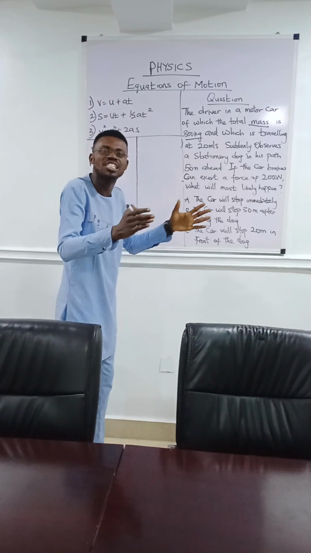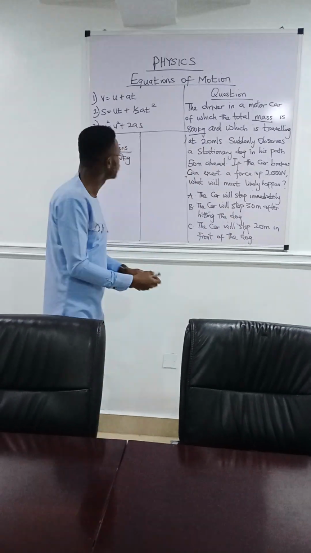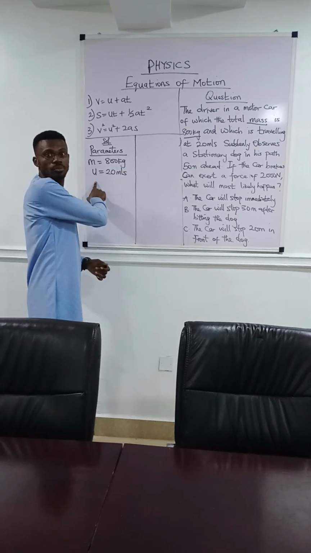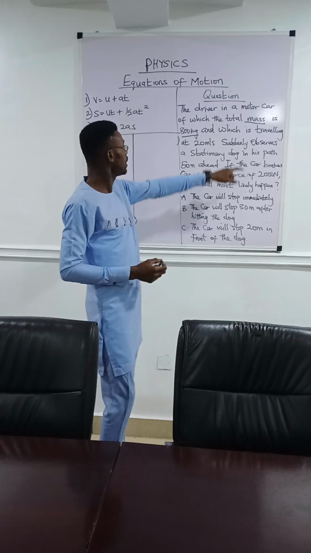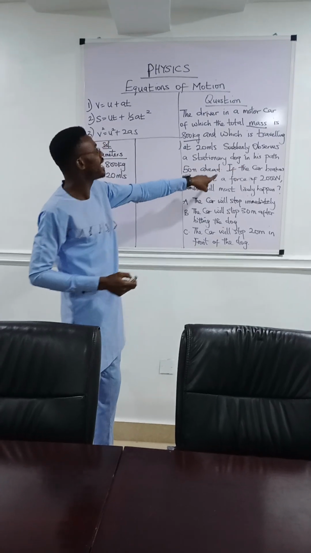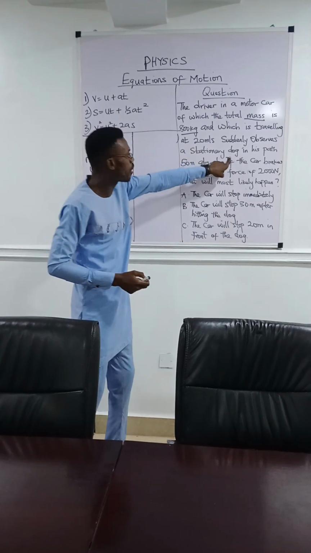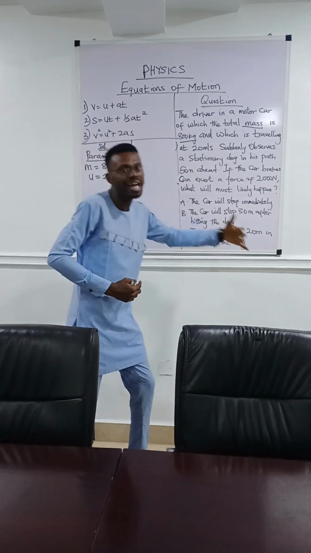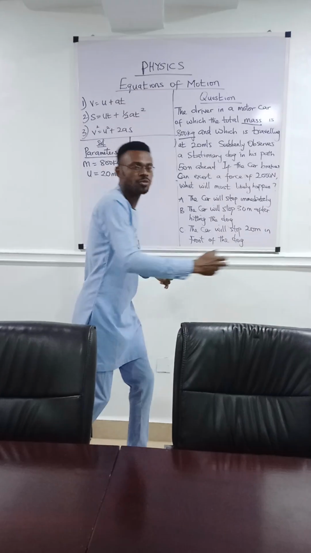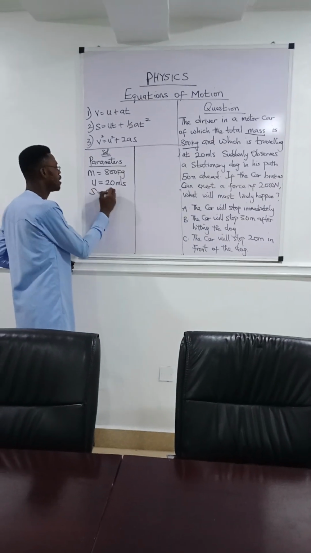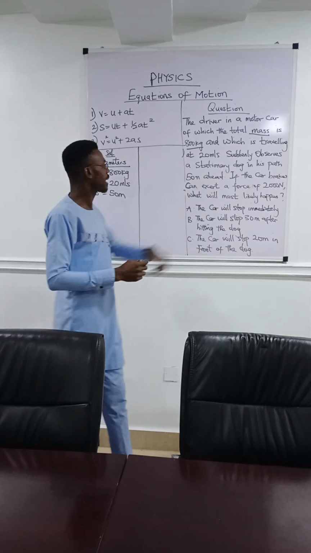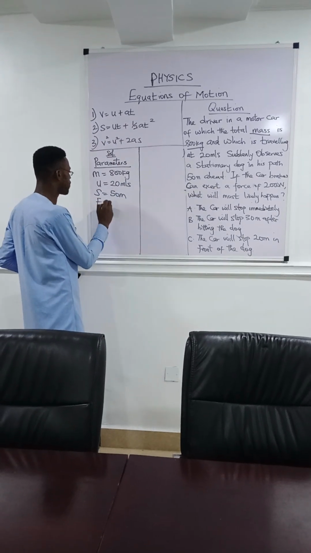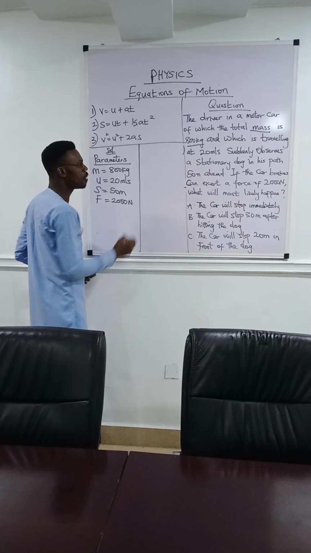That's the initial speed or velocity, so u is equal to 20 meters per second. That's the symbol for initial speed. The stationary dog is in his path 50 meters ahead, so the distance between the car and the dog is 50 meters. So my s is 50 meters. The car brakes can exert a force of 2,000 Newton, so my force F is 2,000.